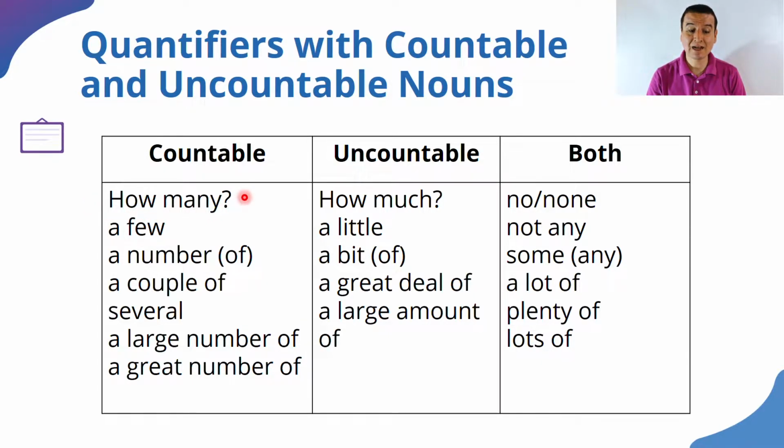That means that it is countable, that we can count. For example, if we say, how many carrots are there in your kitchen? How many carrots? It means that we're asking for a quantity, and we can answer that with a number. I have 3 carrots, or I have 5 carrots, or I just have 1, but we can certainly quantify that.